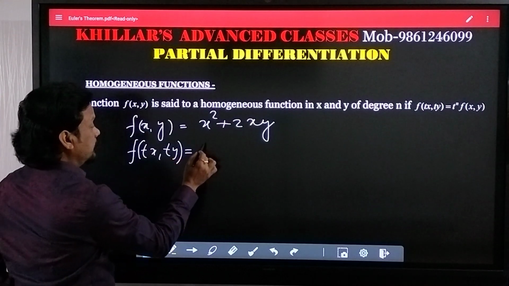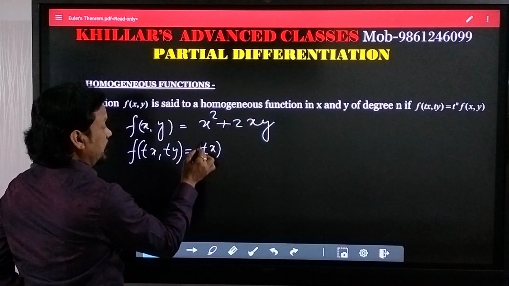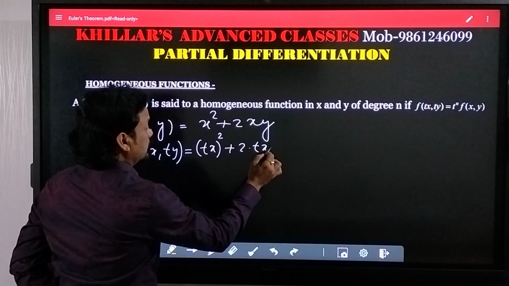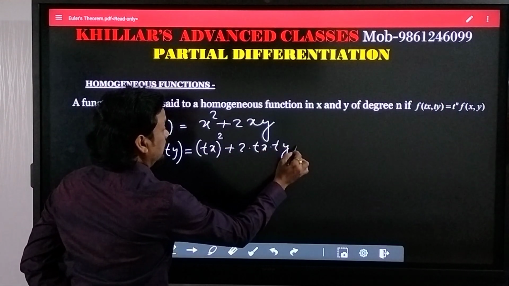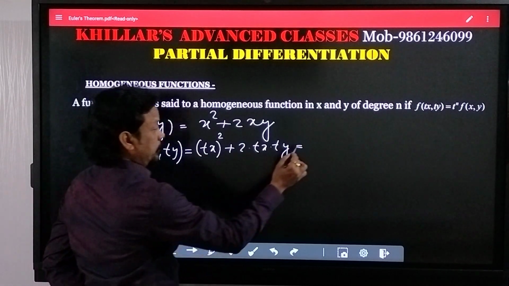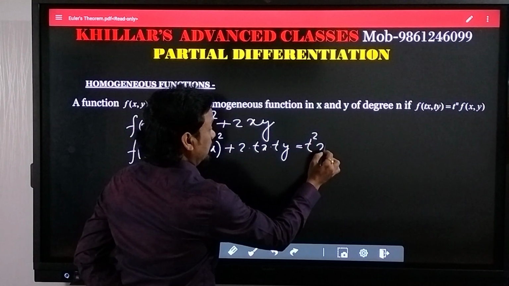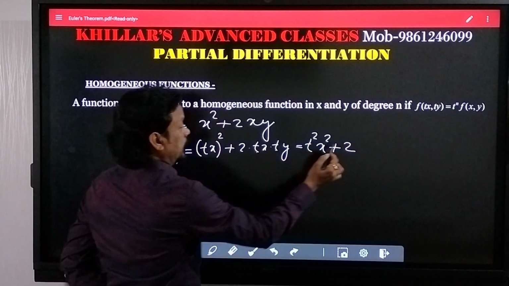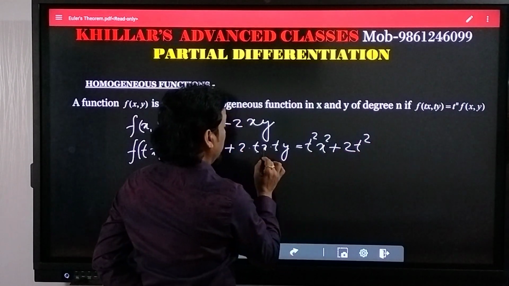So this becomes (tx) whole square plus 2 into tx into ty. Now (tx) whole square means t square x square, plus 2 t into t, it is t square xy.